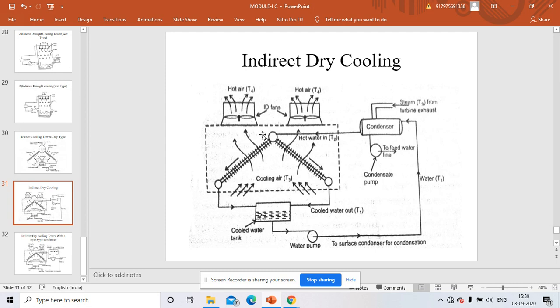That's why it's called indirect dry cooling. It is dry because there is no direct mixing of two fluids, and the heat transfer does not take place by mixing. It is indirect. One fluid flows inside the tube and the other fluid flows outside the tube.